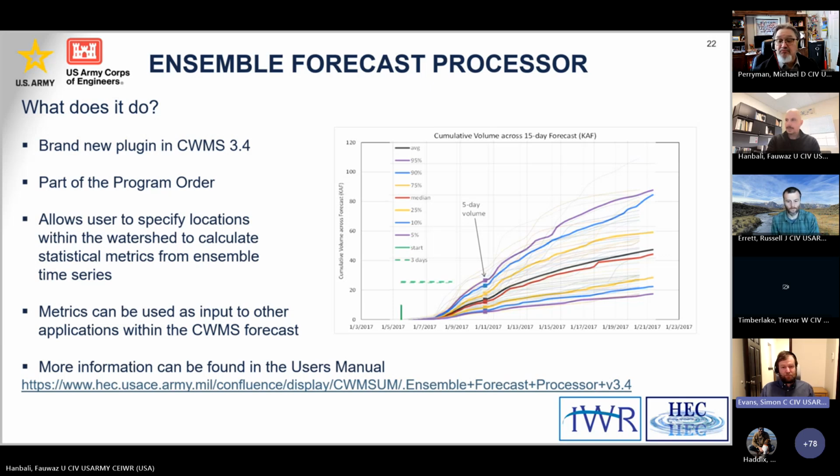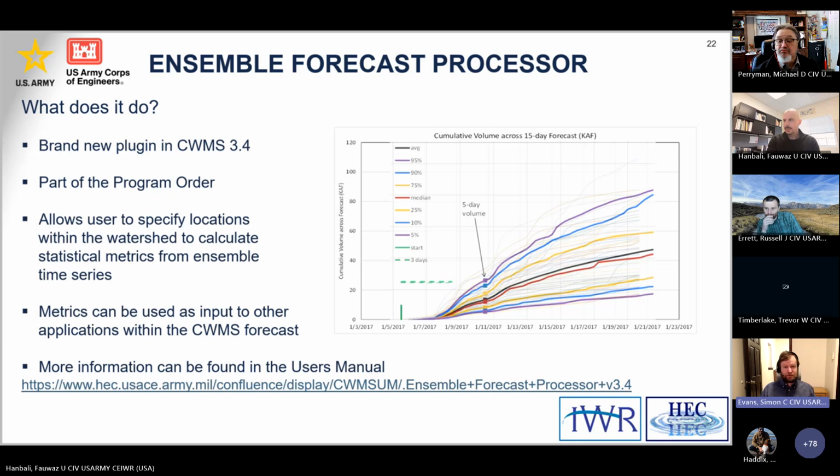So one potential use of this is to calculate a statistical metric of the, let's say, on this plot here, the 5-day volume, what's the 90th percentile, and use that scalar metric in a reservoir or ResSim rule stack. So that's one option. So it's FIRO applications.